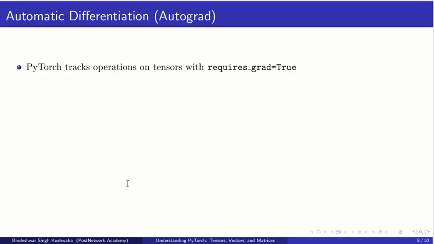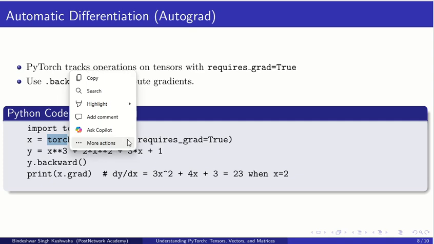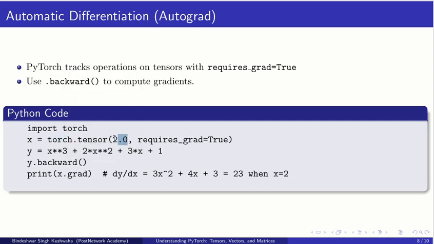Automatic differentiation is one of the most important things in PyTorch, differentiation. So here we will check the value of this differentiation, x cube plus 2x square plus 3x plus 1, and we will put the value of x as 2.